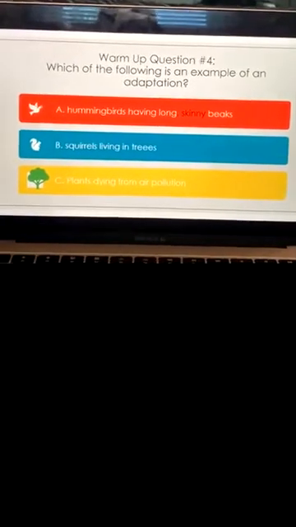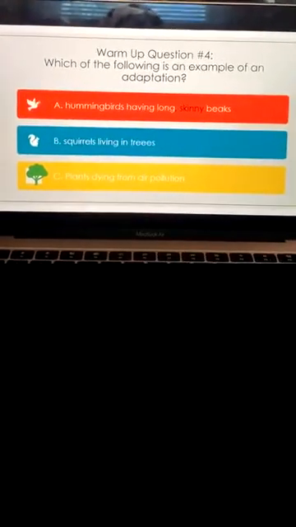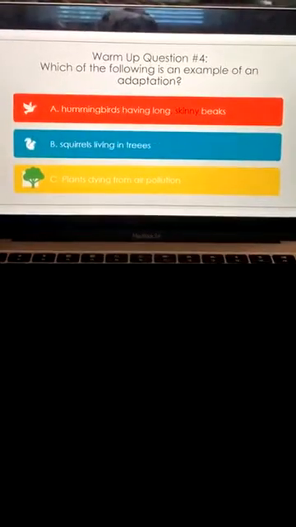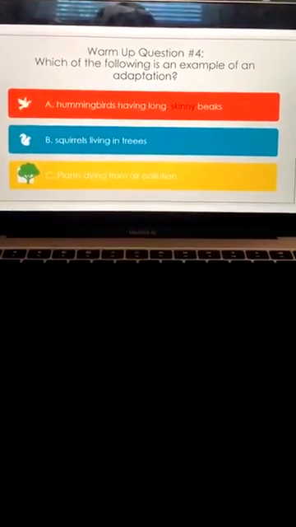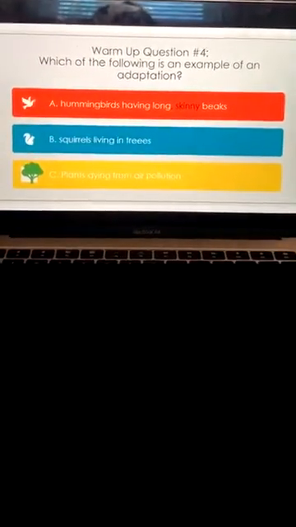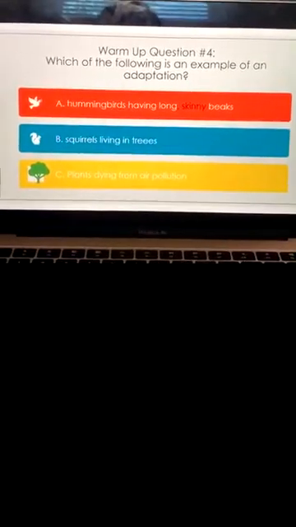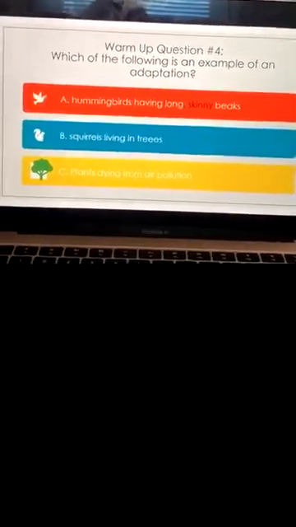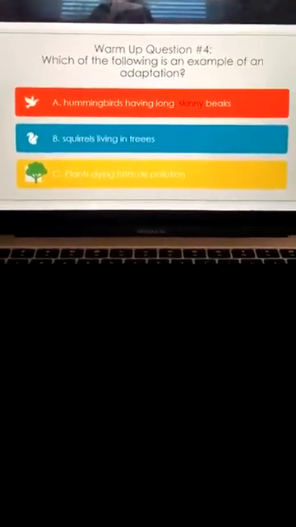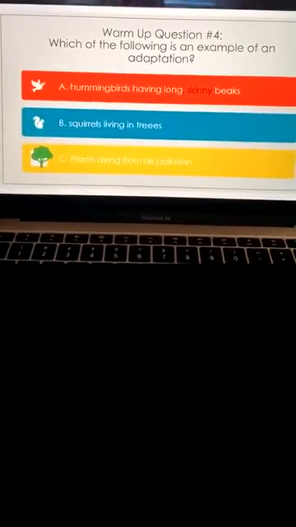A. It's A. That is the correct answer. So most of you all had A. I think there were 2 people who put C, but it's A. So hummingbirds having long, skinny beaks because they tend to pull nectar out of the flower, and they need a skinny beak to be able to reach in and get what they're trying to get to. Squirrels living in trees is not an adaptation. It's just their habitat.